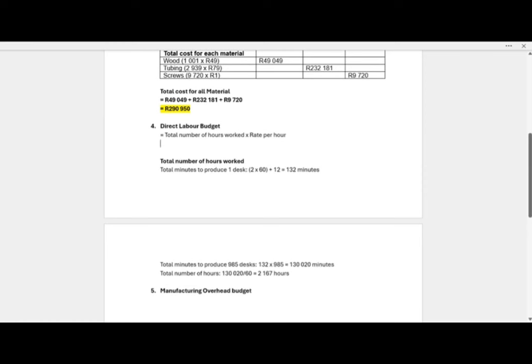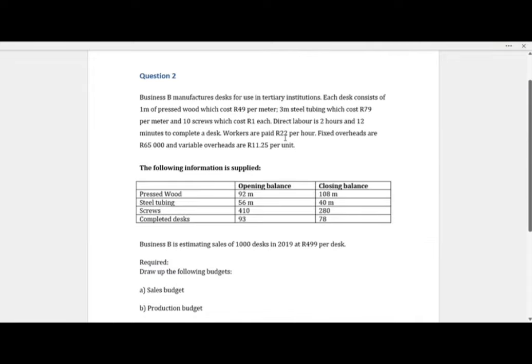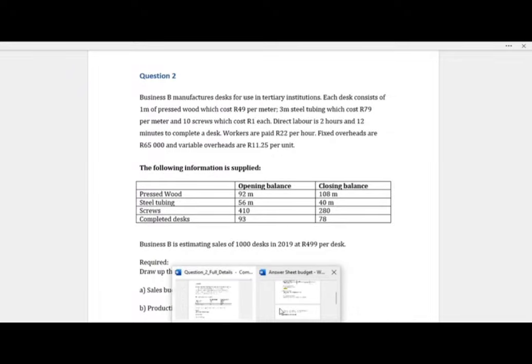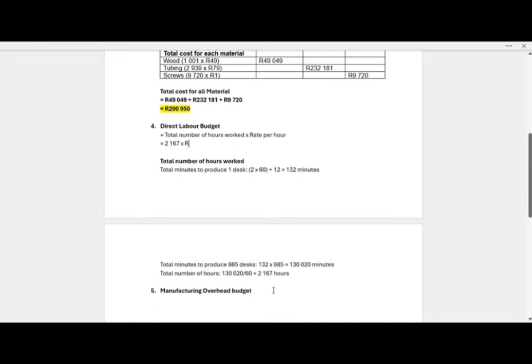That means we can now calculate the total number of hours worked, which is 2,167, multiplied by the rate per hour. Workers are paid 22 rand per hour, so we multiply by 22.